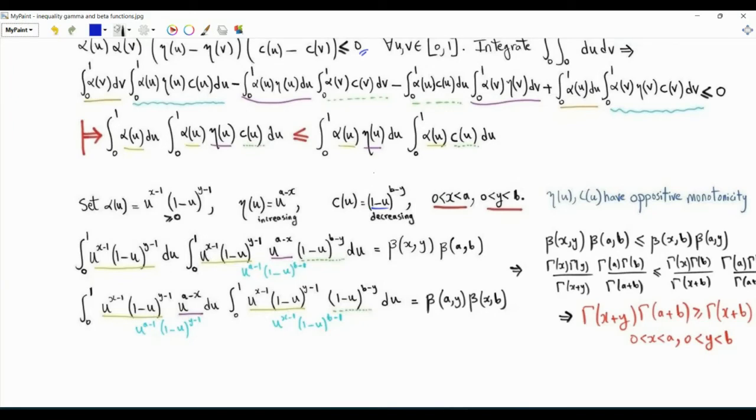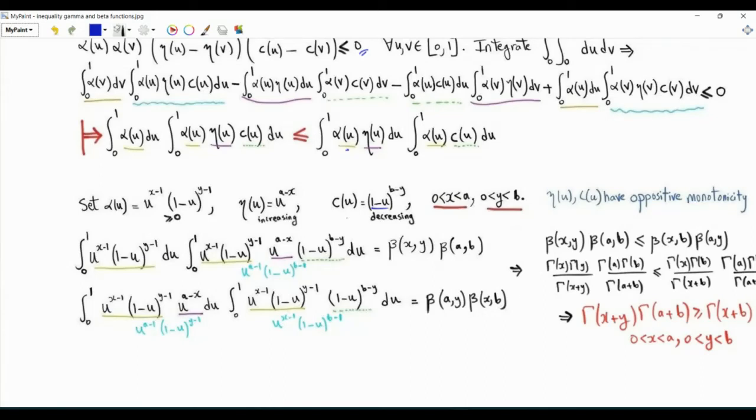Now for the other side, we will do the same. We will put in our choices for alpha, eta, and C. Here, we can combine these two as u to the a minus 1, and (1 minus u) to the y minus 1. This is beta of a and y. And for this one, we will get u to the x minus 1, (1 minus u) to the b minus 1, which is beta of x and b.